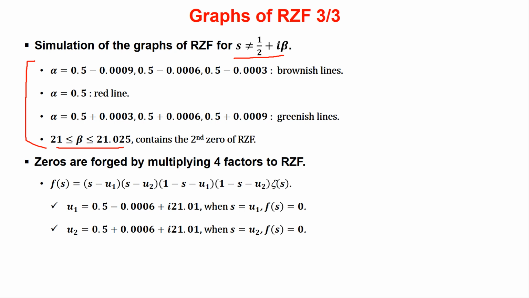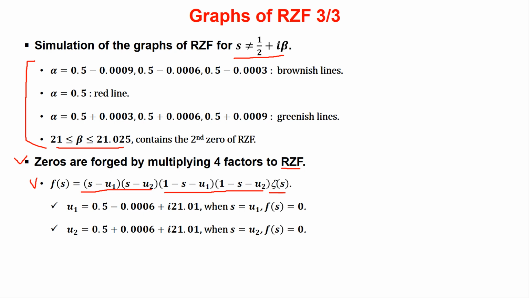Zeros are forged by multiplying four factors to the Riemann zeta function. Here we call it F(s), and the first two factors and the second two factors represent the relationships between the Riemann chi functions.